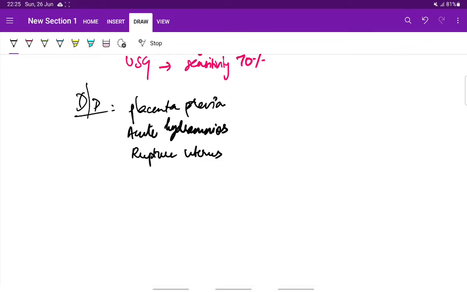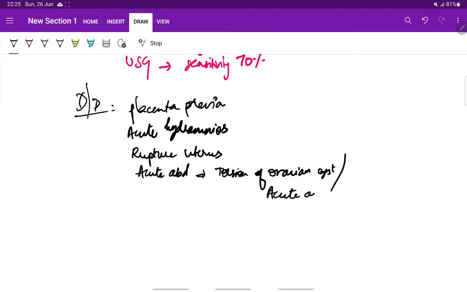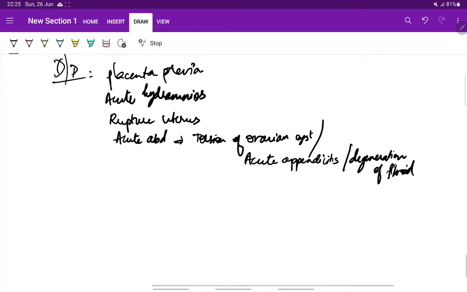Next, other acute abdomen conditions like torsion of ovarian cyst, or acute appendicitis, or degeneration of fibroid. These are all the differential diagnoses.